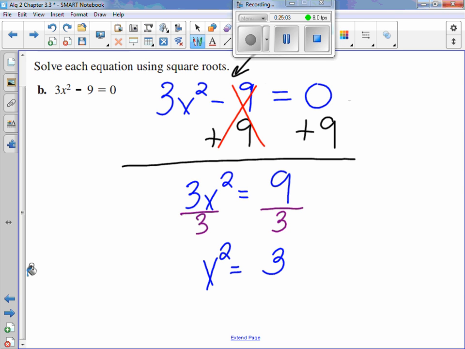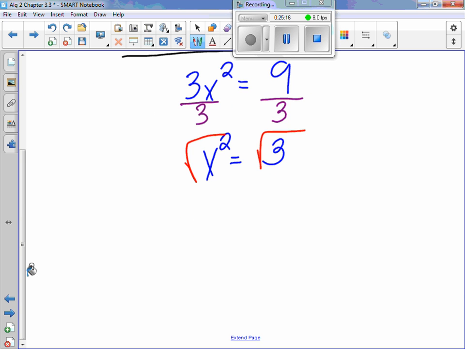Any questions on how we got to this here? So what do we need to do next? We need to square root both sides. Well, the square root of x squared gives me, well, then we just have the square root of 3.